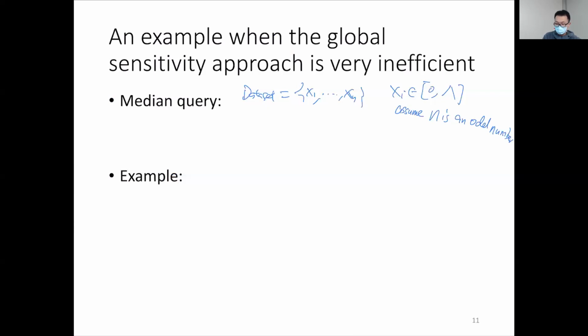So when n is an odd number, then let's sort this data set. And then it gives us the order statistics x1, x2 to xn, right?